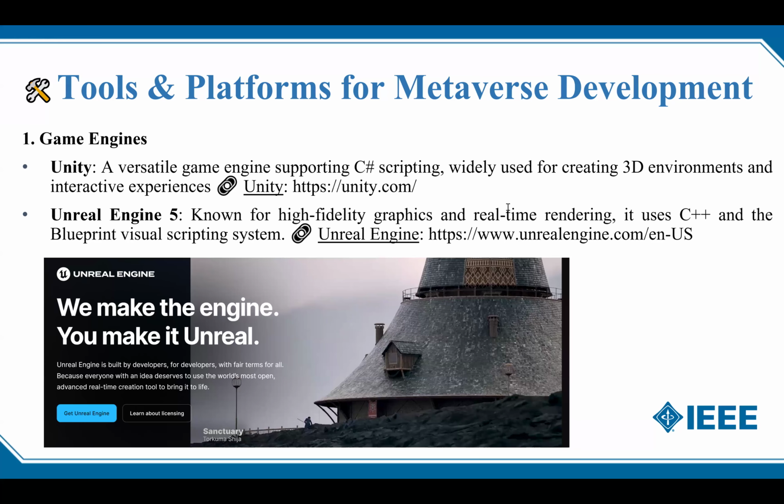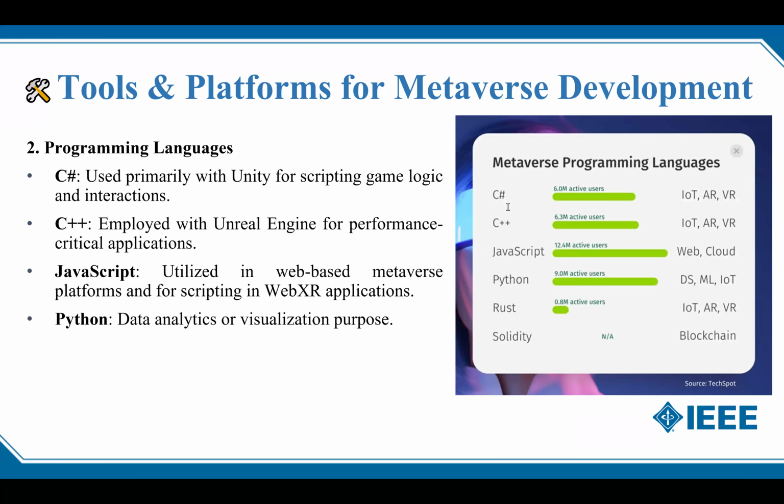The other thing is that different development platforms use different programming languages. For Unity, the primary language is C#. Unreal Engine mainly uses C++ or Blueprint Visual Scripting. JavaScript is commonly used for browser-based metaverse applications, while Python can be useful for AI integration or data processing.